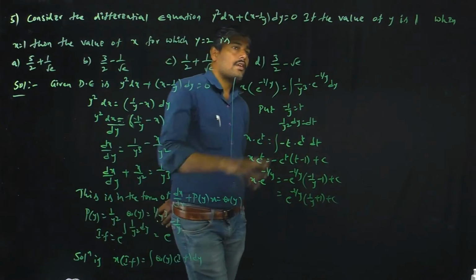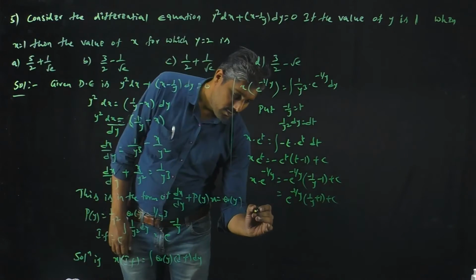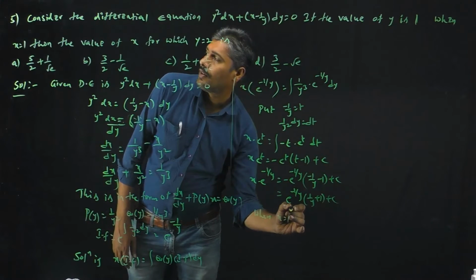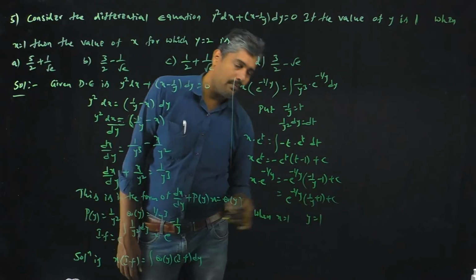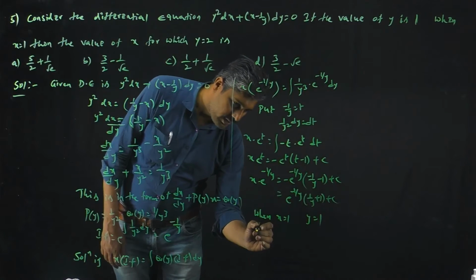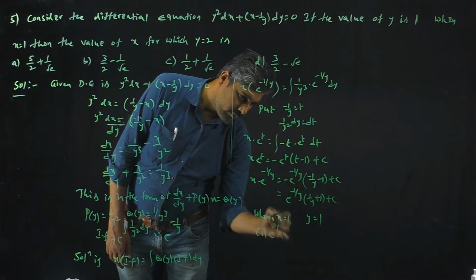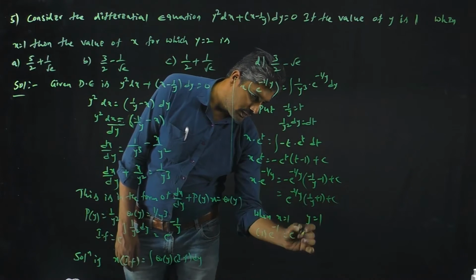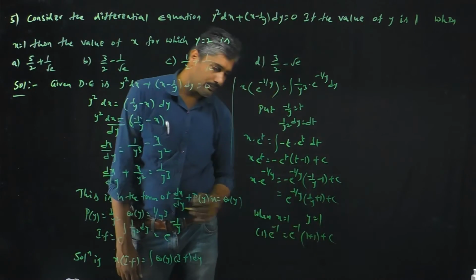Given y equal to 1 when x equal to 1. So x equal to 1, y also equal to 1. Substitute here for getting the value of c: 1 into e power minus 1 equal to e power minus 1 into 1 plus 1 plus c.